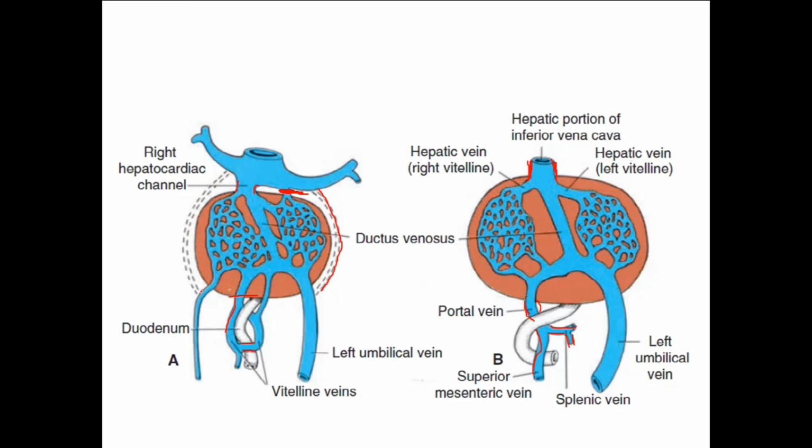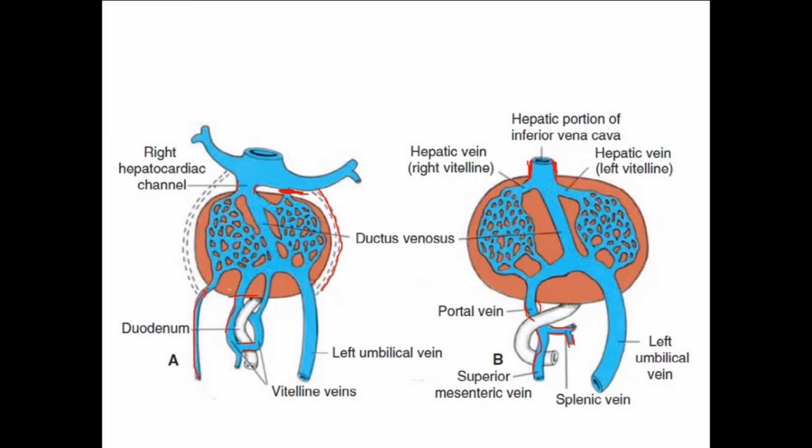The second change which will occur is that the right umbilical vein before the liver is also obliterated. Right umbilical vein, that is this structure, this is also obliterated.